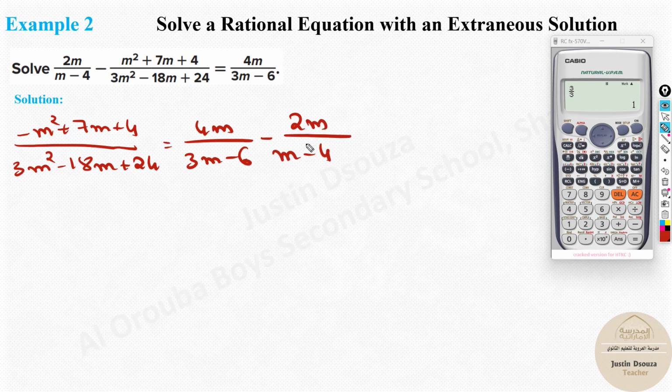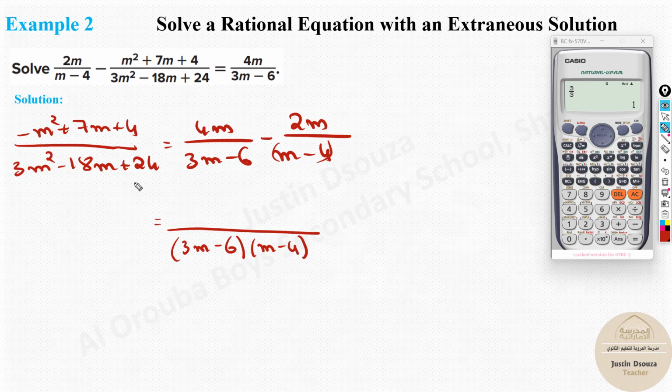Is that okay? Now, you need to multiply this denominator up and down and this denominator up and down. But the denominator will be multiplying these both, so I'll directly write the denominator. It will be (3m minus 6)(m minus 4).